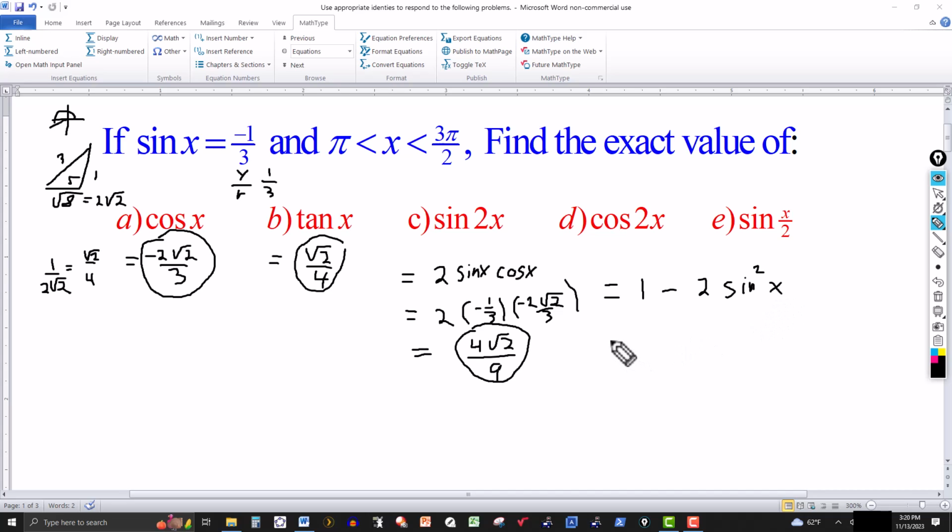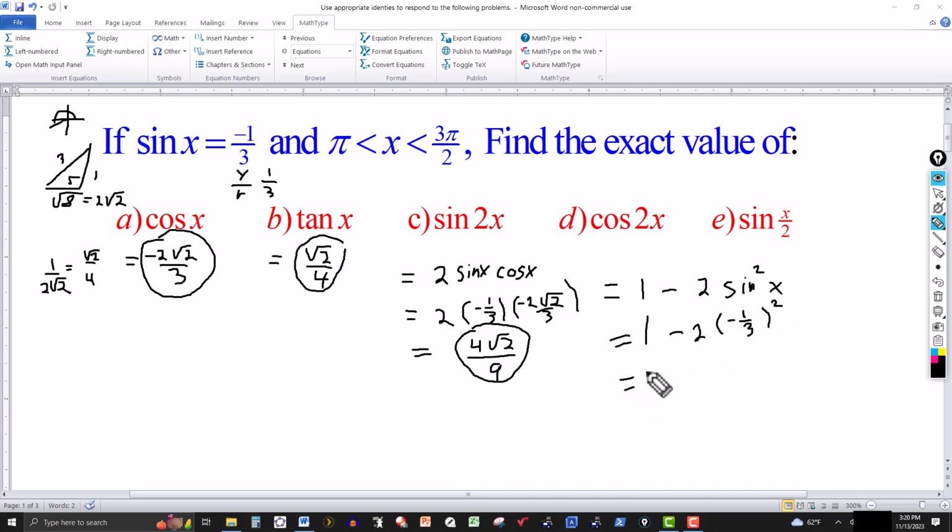Now I can work with that. This is 1 minus 2, and we're given the sine of x to be negative 1/3. So I can just plug that in, and then that's going to be squared.